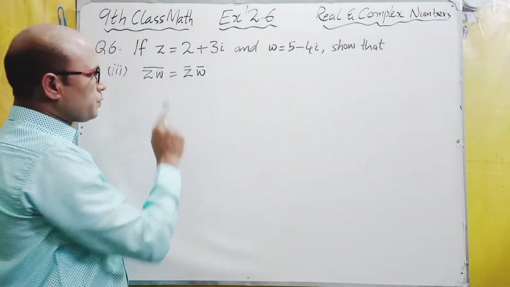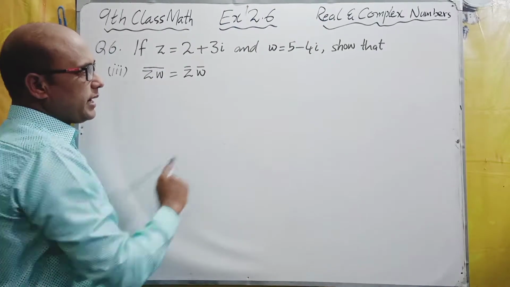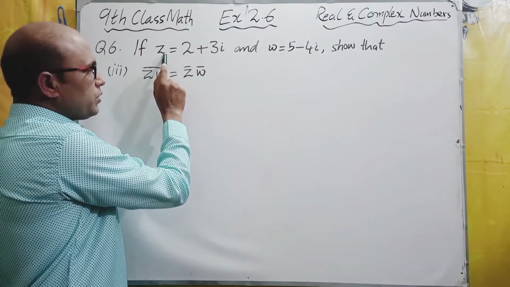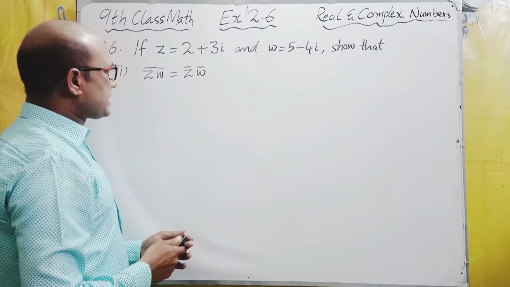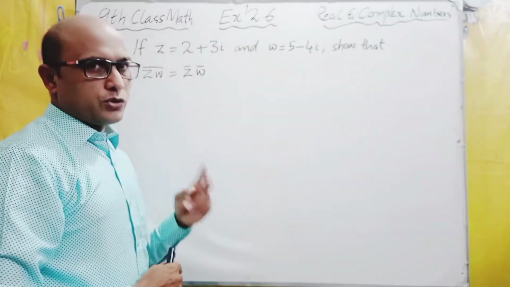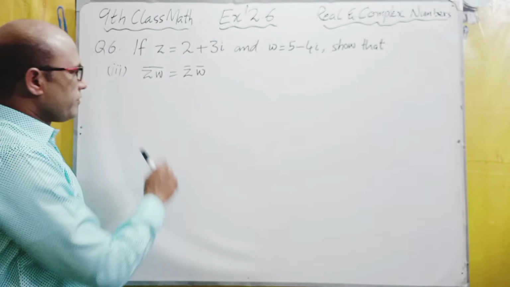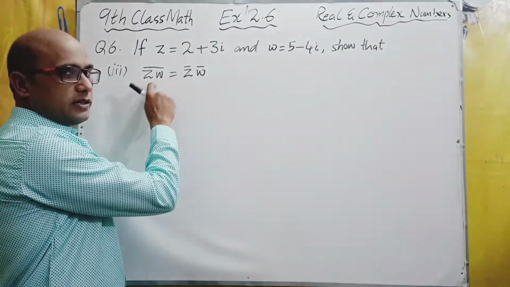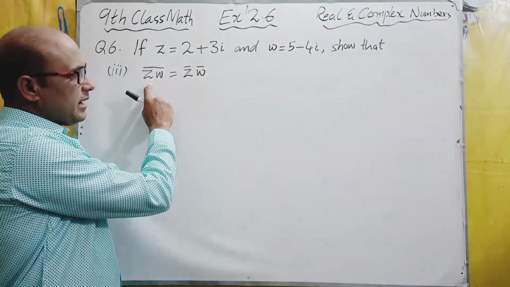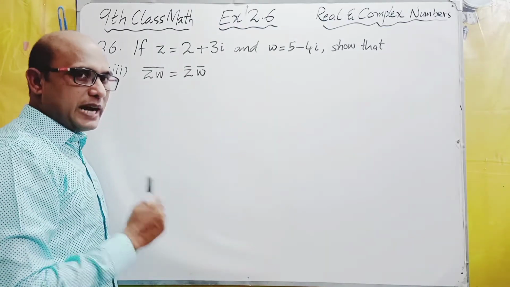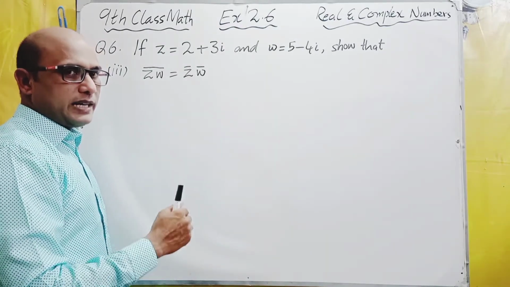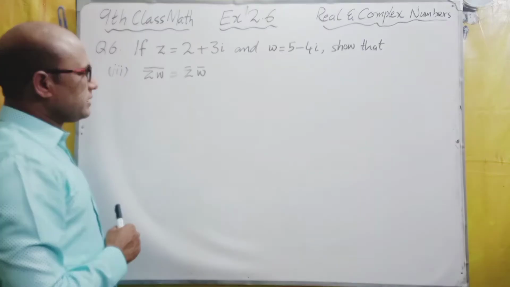So we have to prove this statement by using the values of z and omega. Let's see, students. We have two methods to solve it. First of all, solve the left hand side and then solve the right hand side. Both sides will finally come equal to each other.